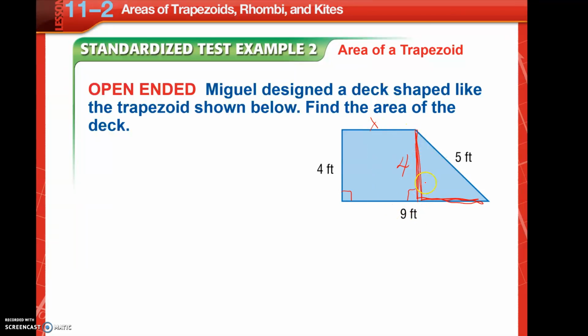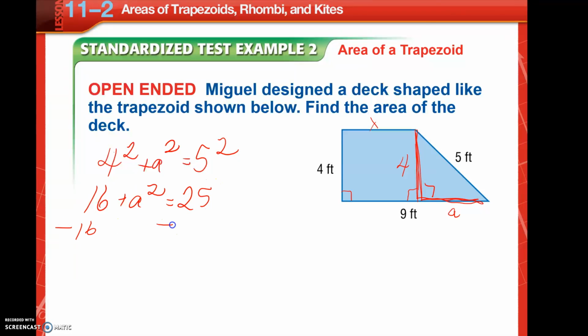So I'm going to set this up with the Pythagorean theorem. So 4 squared plus, let's call this length A, A squared equals 5 squared. So 16 plus A squared equals 25. Subtract 16. A squared equals 9. So A equals 3. So this length here is 3, which makes that length 6, and this 6.